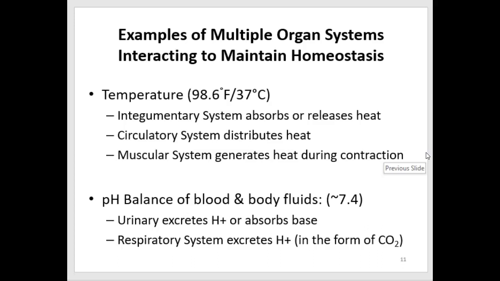And this is done by two organ systems in particular, the urinary system and the respiratory system, which can both get rid of acid or hydrogen ions. And that is our biggest challenge with pH, is that we produce a lot of acid, either in the form of carbon dioxide or an actual metabolic acid with hydrogen ions. So the urinary system can get rid of that in our urine, and the respiratory system can get rid of it just in the form of CO2, which is good.